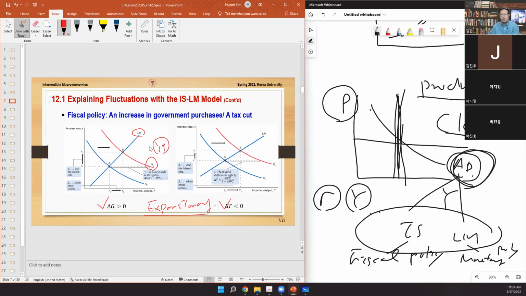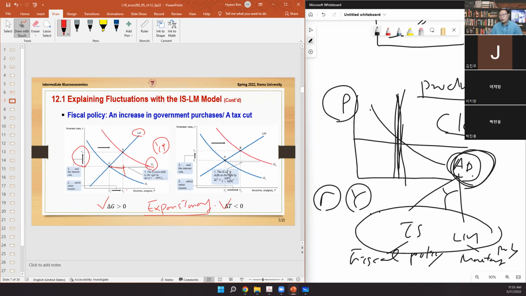So there is an additional feedback in the money market in terms of money demand. That's why the actual change is not just A to this point; we have only A to B. That means there is some adjustment of the real interest rate, which is controlled inside the LM curve, the money market.